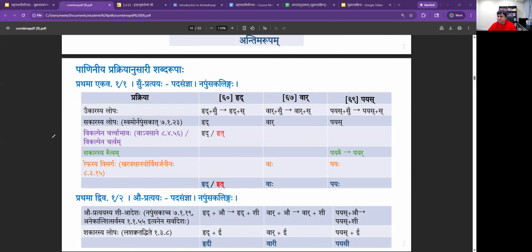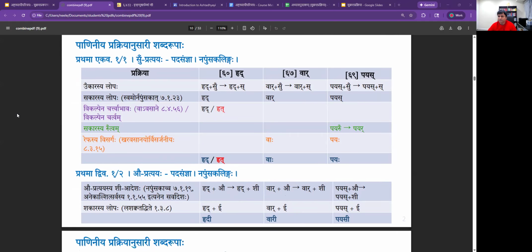Okay, let's start. Yeah. I think Ukarasya Lopa is clear, Samor Napansakat, Sakarasya Lopa is clear, then Vikalpin Chatvabhav, that's applicable only in case of Hrat, which becomes Hrad or Hrat. Correct. And that's a final form. Var, Ra becomes Visarga, Refasya Visarga.